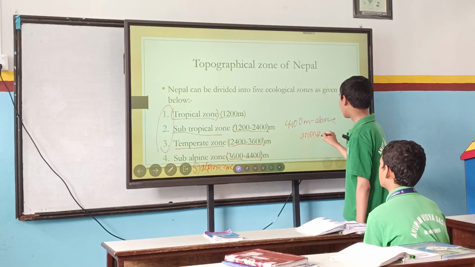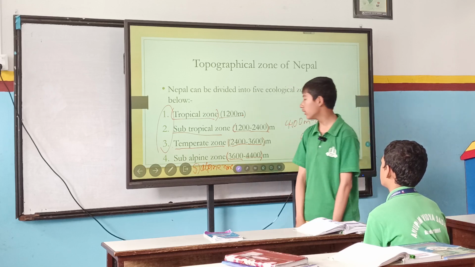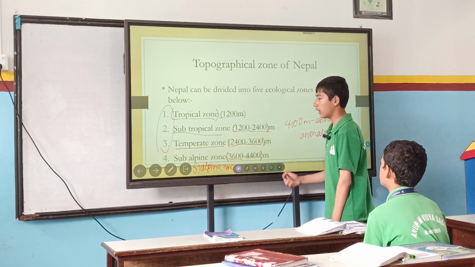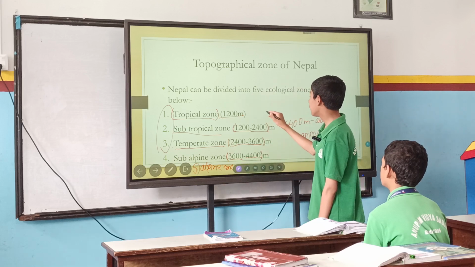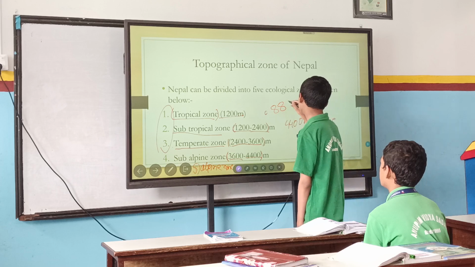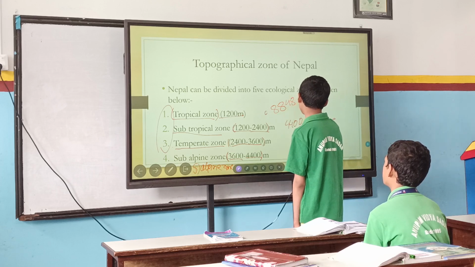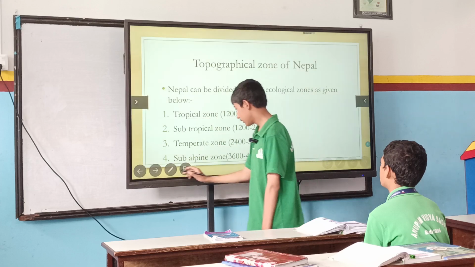So there is very less possibility of habitat of any organism there. While talking about altitude, the altitude of Nepal is 8,848.6, so it has increased by 0.6 this year.